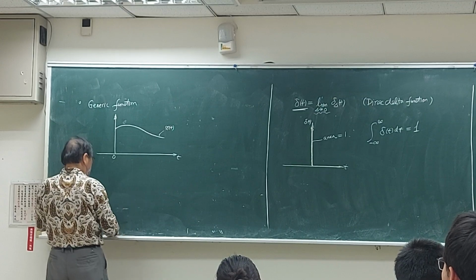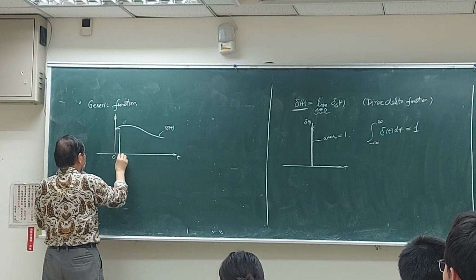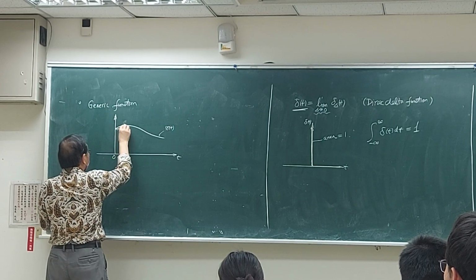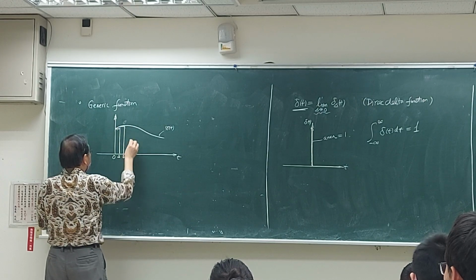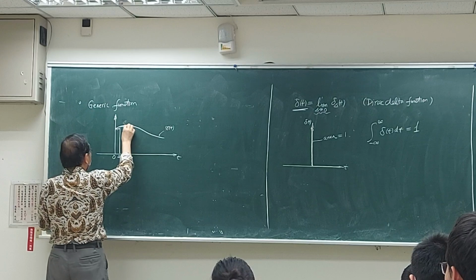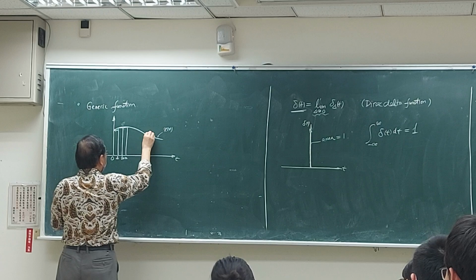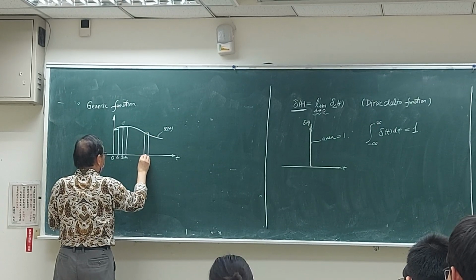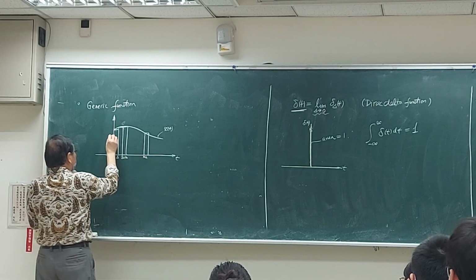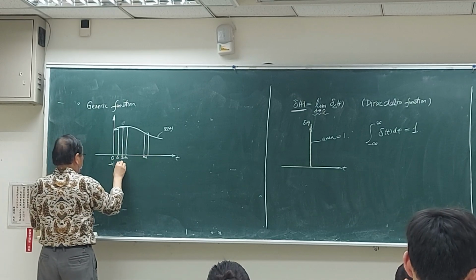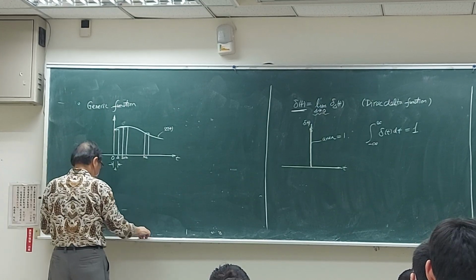And then I'm going to divide the x of t into many small strips. Now each strip has the width delta.